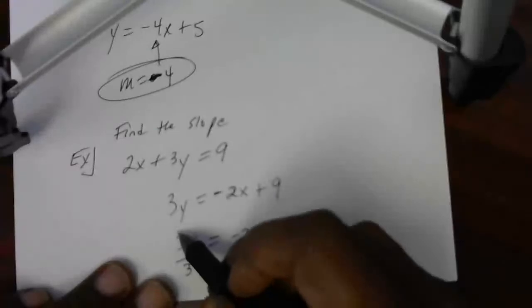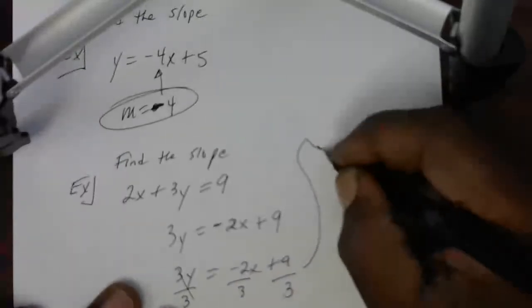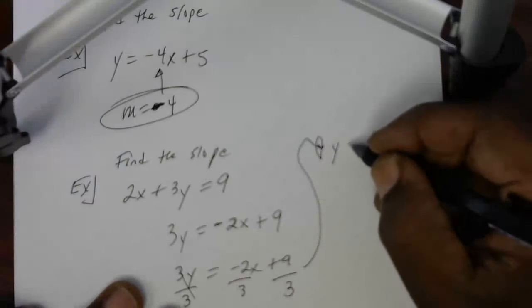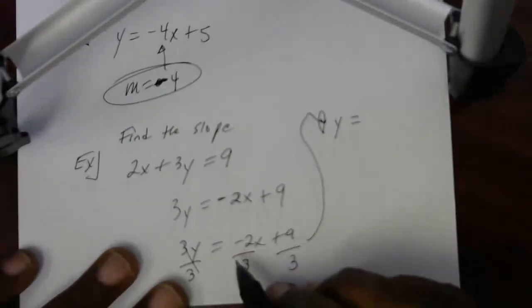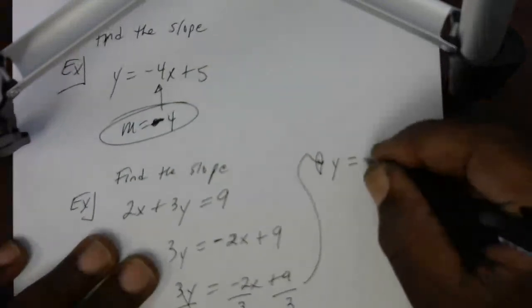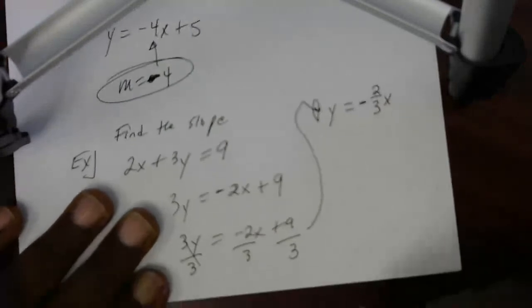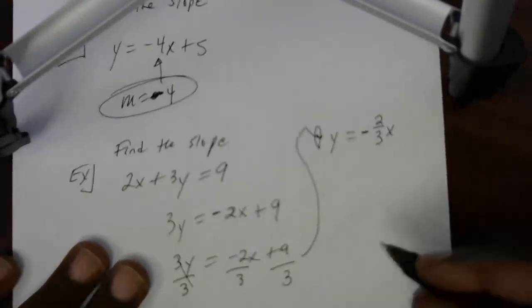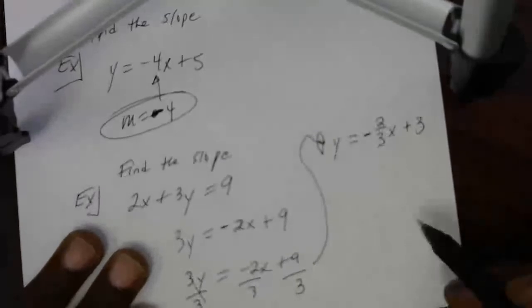So on the left-hand side, the 3's will cancel. I'm left with y. On the right-hand side, I now have negative 2/3 x. Nine divided by 3 is 3, so that's plus 3.